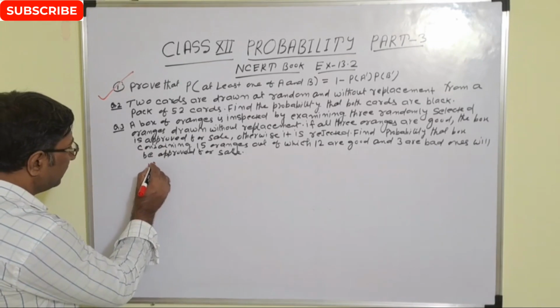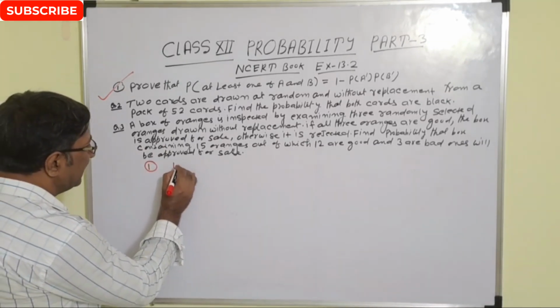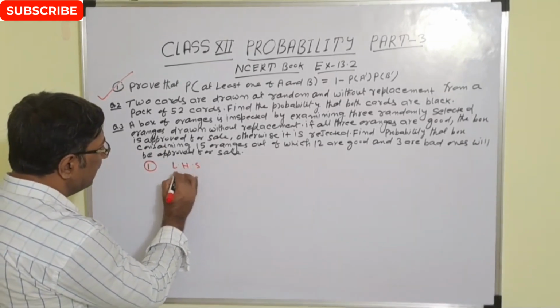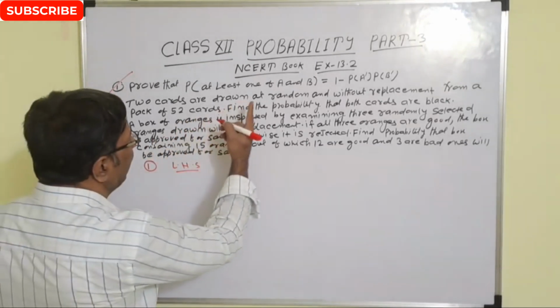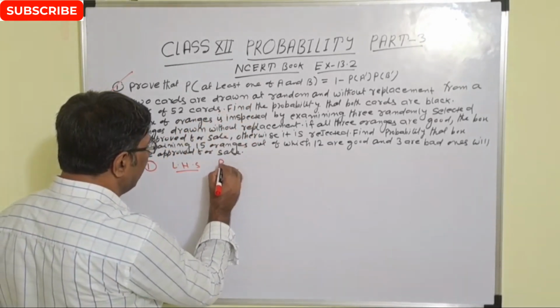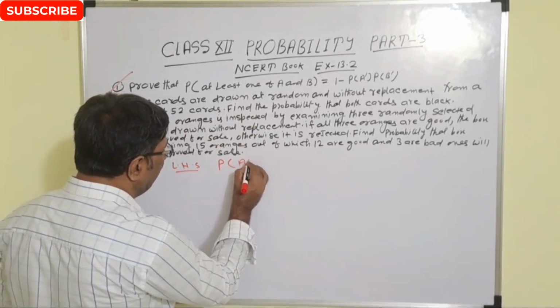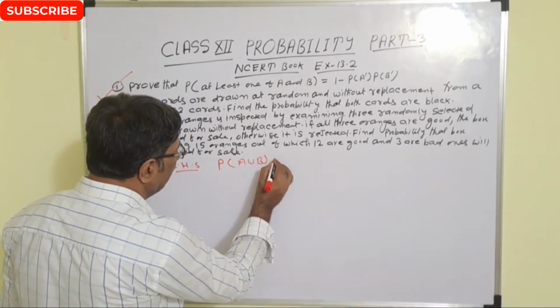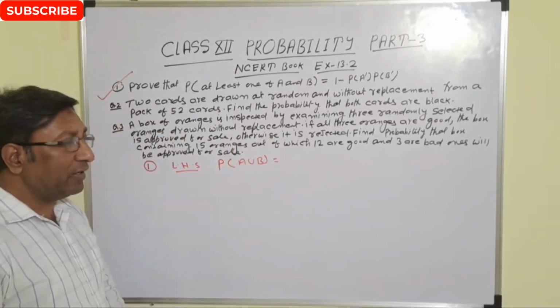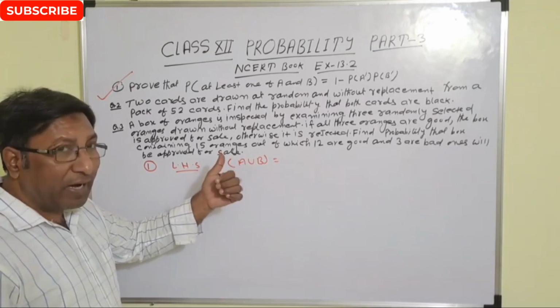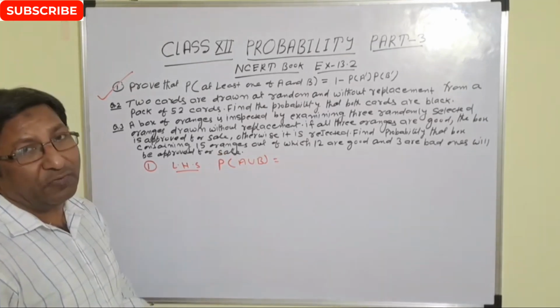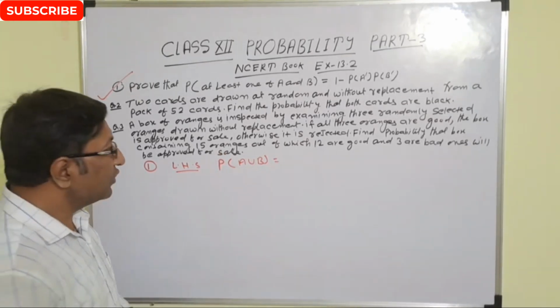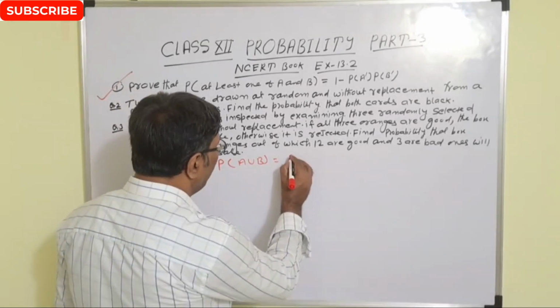So here LHS is what? Probability of at least one of A and B. So you can write probability of A union B. Probability of A union B means probability of at least one of A and B. So what is the formula?